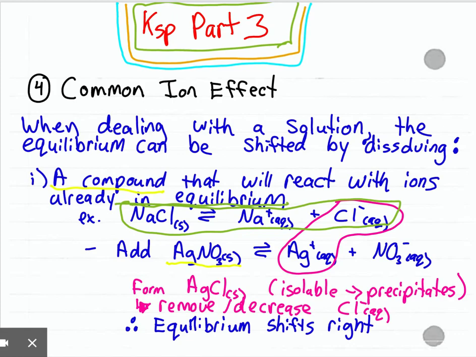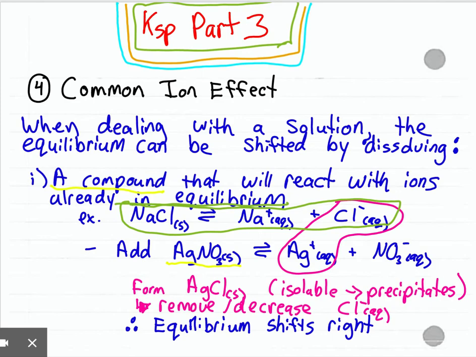But we know that these ions are all in an ion party in solution, and they're bumping into each other and colliding. If they collide and form something soluble, they redissolve. But if silver and chloride collide together, they make an insoluble solid, silver chloride.